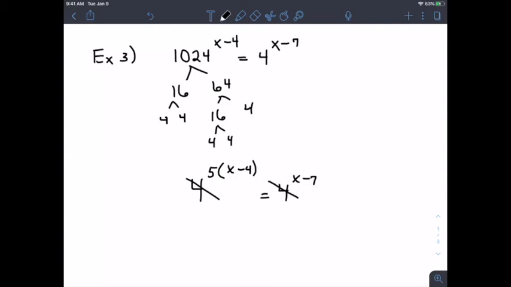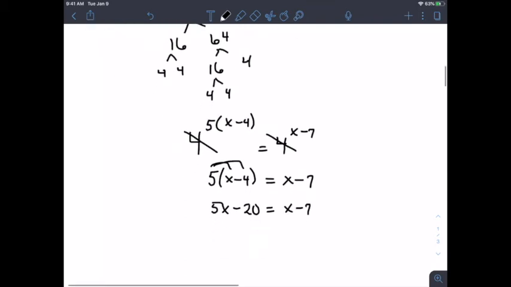Okay, my bases will cancel out. I'm left with 5 times x minus 4 equals x minus 7. I'm going to distribute the 5, so I get 5x minus 20 is equal to x minus 7. I'm going to move the x, minus x. So I get 4x minus 20 is equal to negative 7.